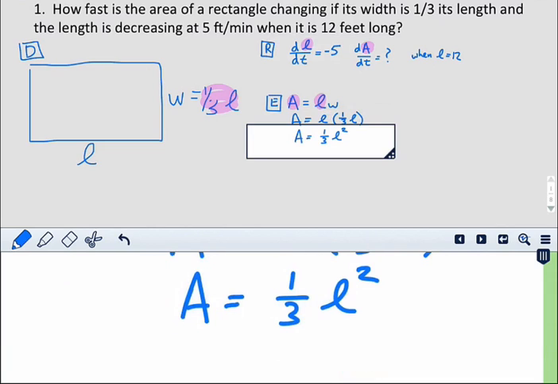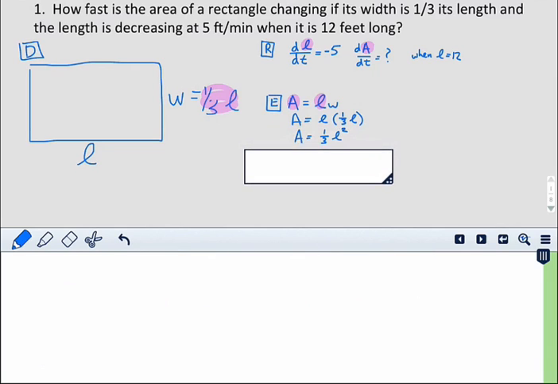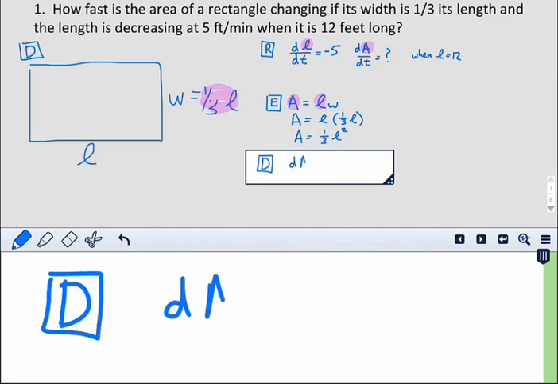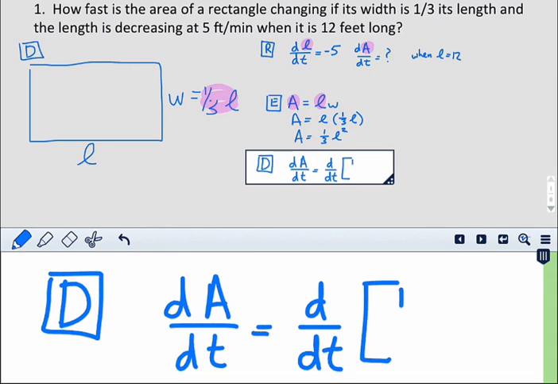Alright, so that's our first goal, to get that equation in terms of the two rates that we have, length and area. Now we know a rate and a derivative is the same thing. So we're actually going to derive this, and this is the D step of our DREADS. So we want to find the derivative of A with respect to time. And that means we're going to derive the other side, which is 1/3 L squared.